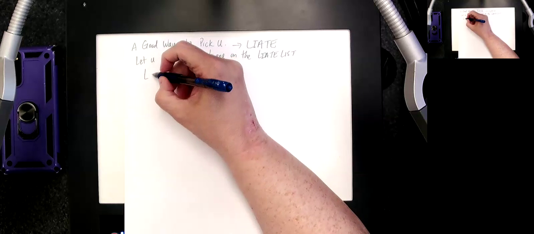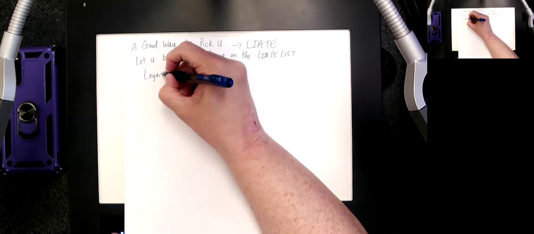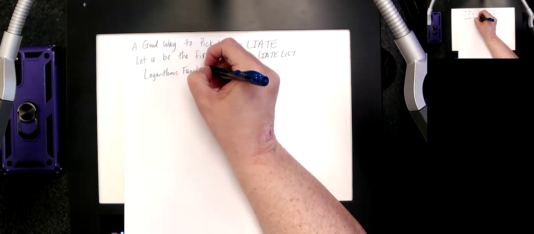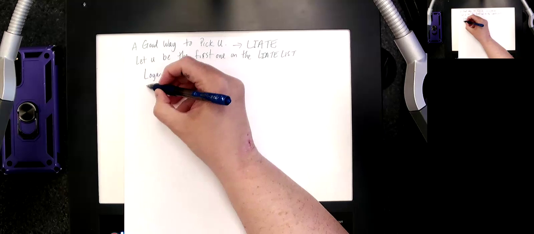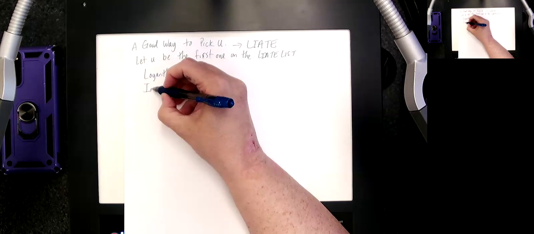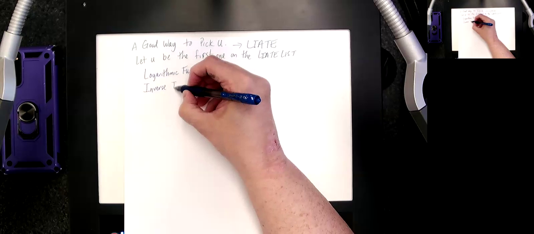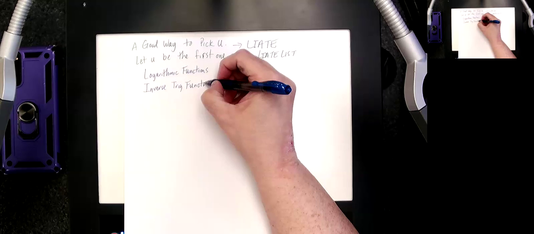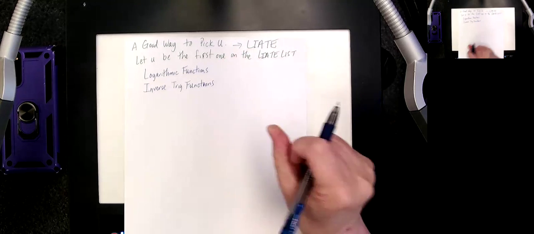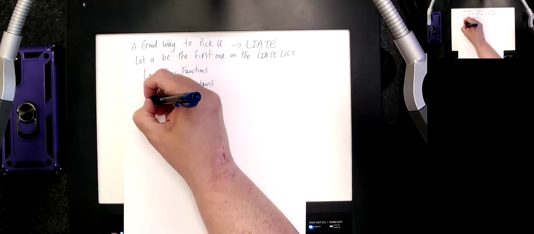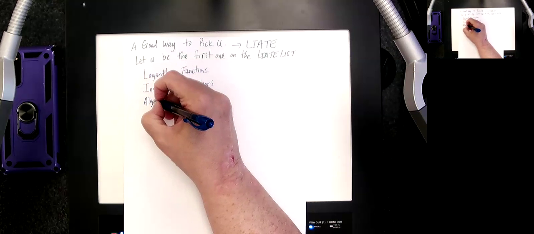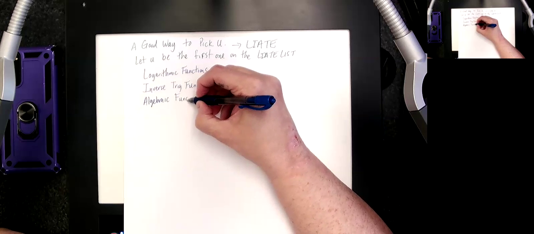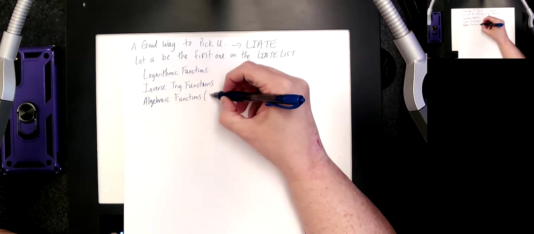L stands for logarithmic functions. I is for inverse trig functions. A is for algebraic functions, and this includes polynomials.